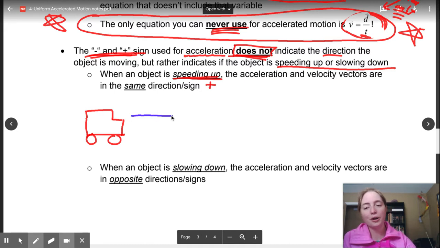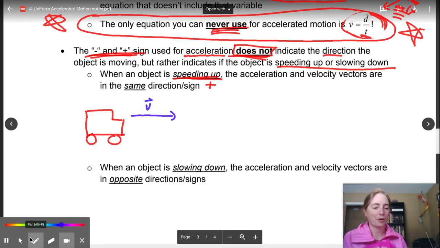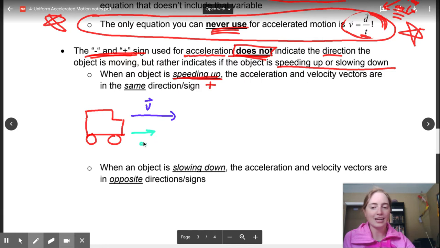Okay. So here's our car. Your car is moving with a velocity going forward. Okay? All right. Well, as you are moving forward, you are going to step on the gas and you accelerate. In this case, you're moving forward, but you speed up.